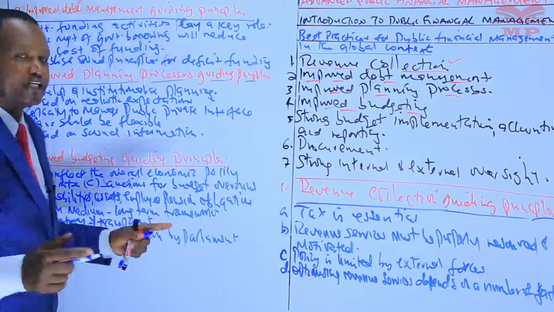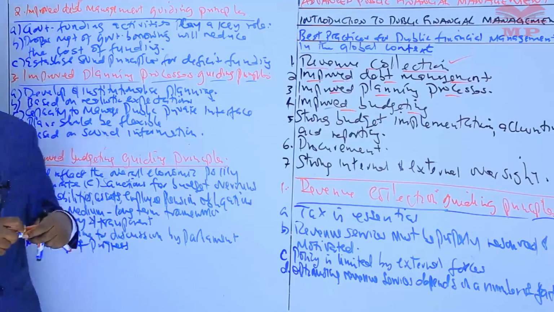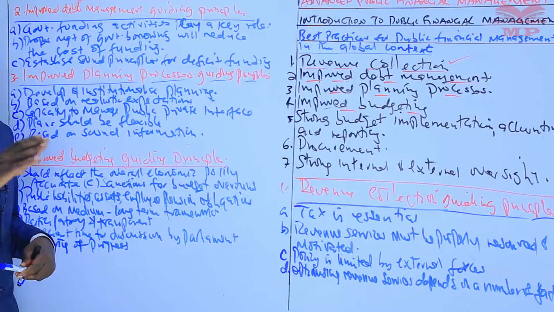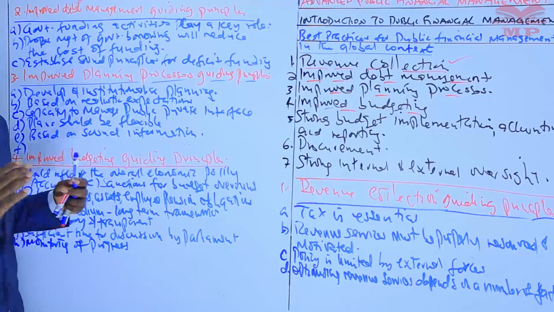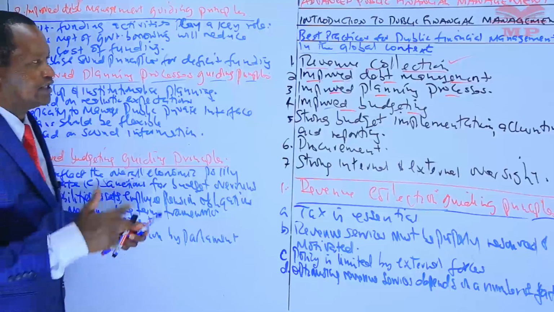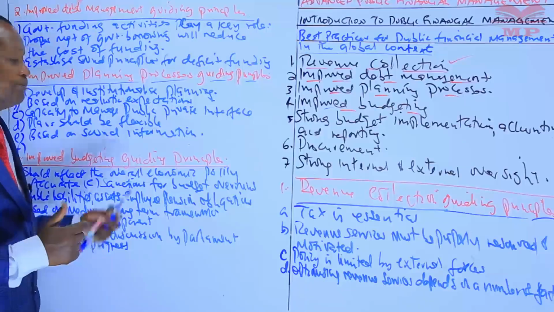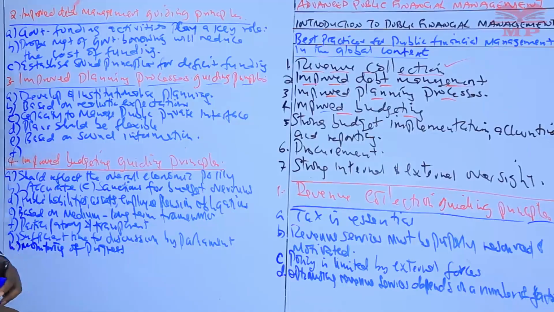There ought to be monitoring of progress, or monitoring of the implementation process of the budget. The budget should be focused on ensuring better outcomes and not inputs. That's why in Kenya we have the Controller of Budget, who monitors the implementation of the budget.